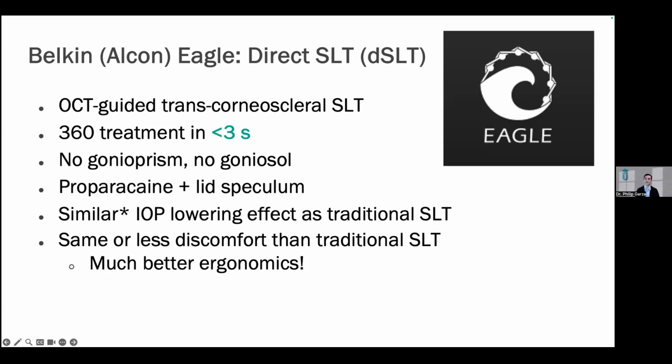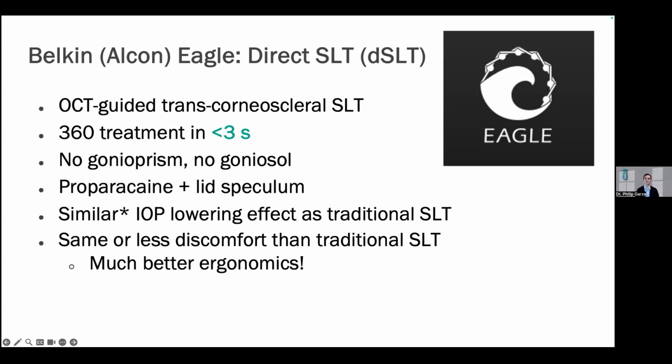One little note about the similar IOP lowering effect is that in May, the GLAURIOUS study was published, and it showed that direct SLT did fail to demonstrate non-inferiority to SLT. But if you limit the 12-month analysis to patients who didn't have protocol deviations, that yields essentially the same IOP reduction.